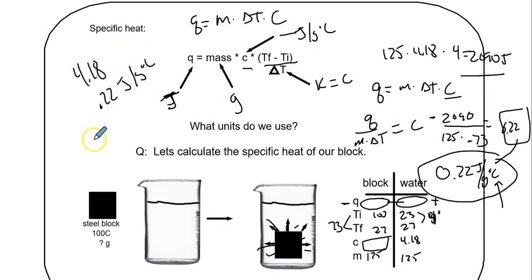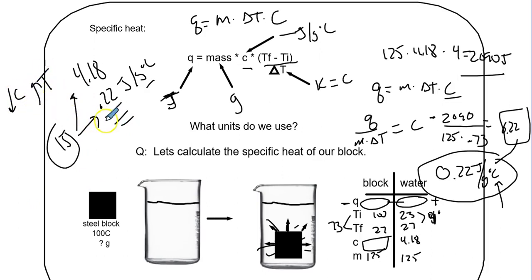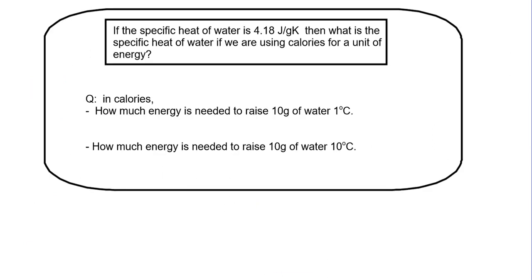That means for 1 joule of energy per gram, this metal is going to raise up a lot, while water raises only a smidgen. It takes very little energy to raise the temperature of this metal. So a low specific heat means a high increase in temperature per given mass per energy.